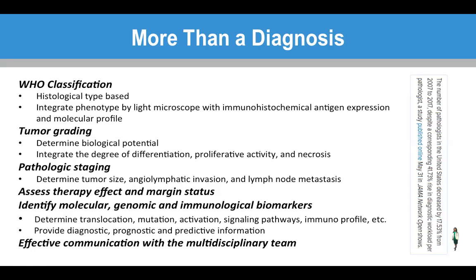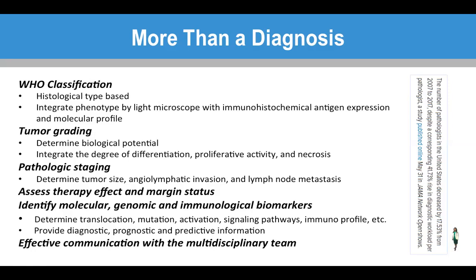So for the same number of cases, the task for each case has just exploded. That's why we're getting busier. For sarcoma, it's the same. It's no longer just looking at the morphology and trying to make a diagnosis. We have to do multiple immunostains, molecular testing, next-gen sequencing, and all that to provide diagnostic, prognostic, and predictive information.